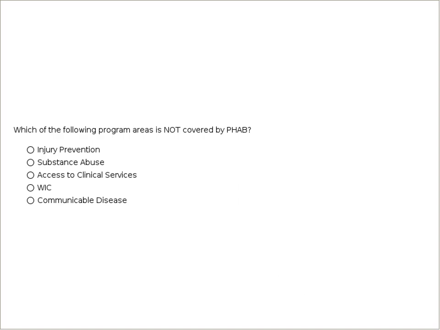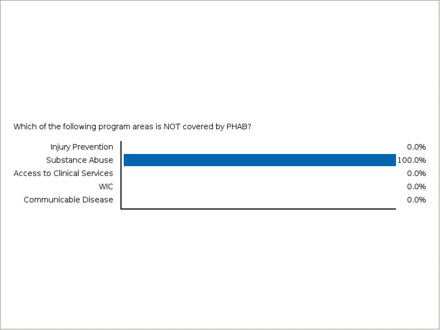Another quick question, and we'll just spend a few seconds on this and go over the last area that I'm going to cover with you today, but which of the following program areas is not an area covered by PHAB? Do you think it's injury prevention, substance abuse, access to clinical services, WIC, or communicable disease?